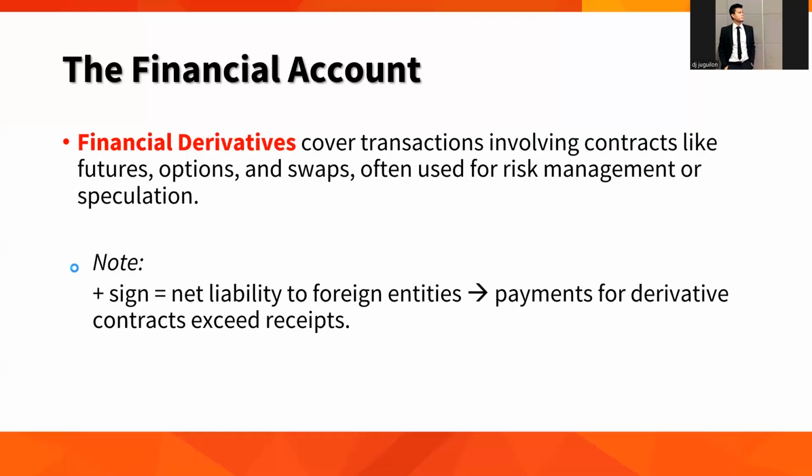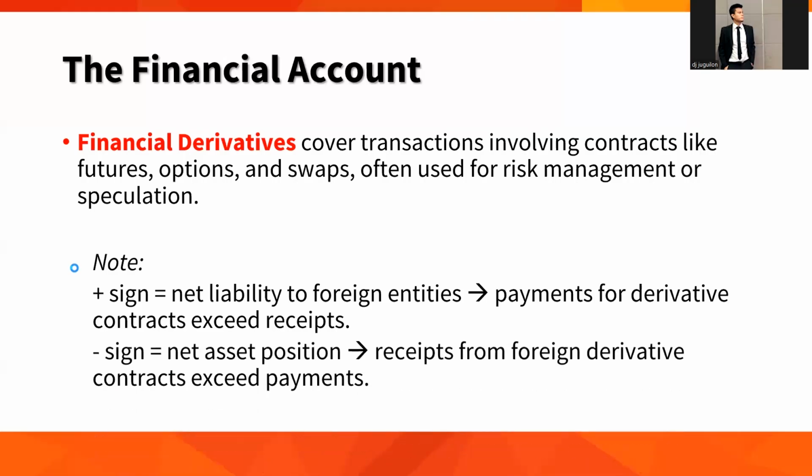By the way, net liability position means that the value of our external liabilities exceeded the value of our external financial assets. Next, if it is a negative sign, it represents a net asset position wherein receipts from foreign derivative contracts exceed payments. And that net asset position means that the value of our external financial assets exceeds the value of our external liabilities.